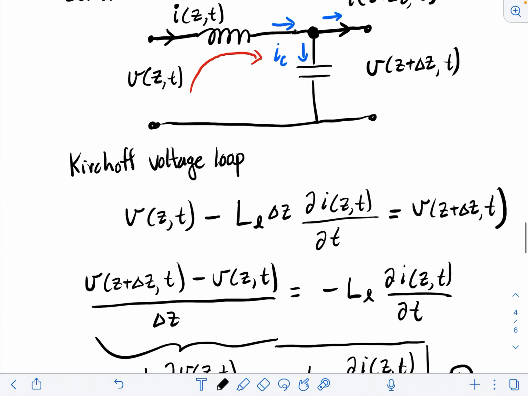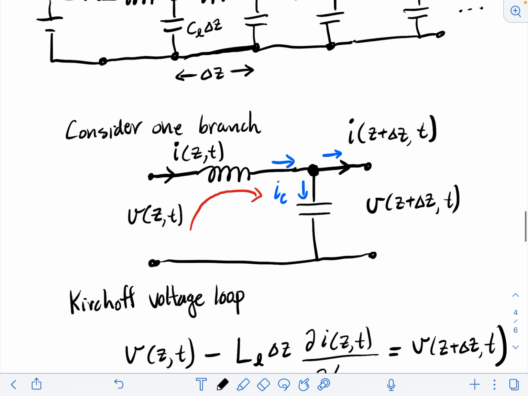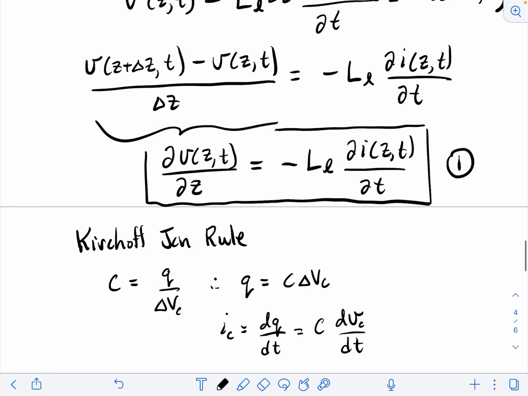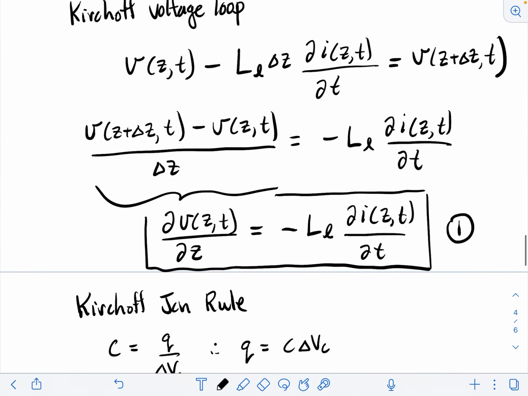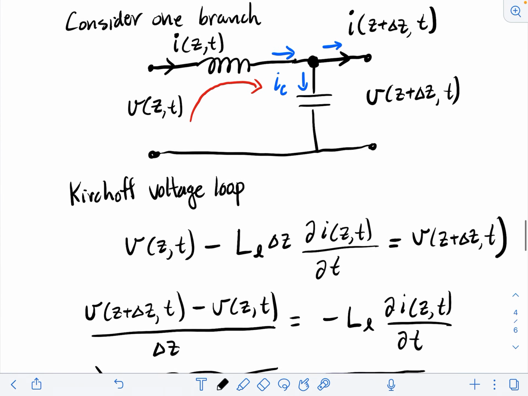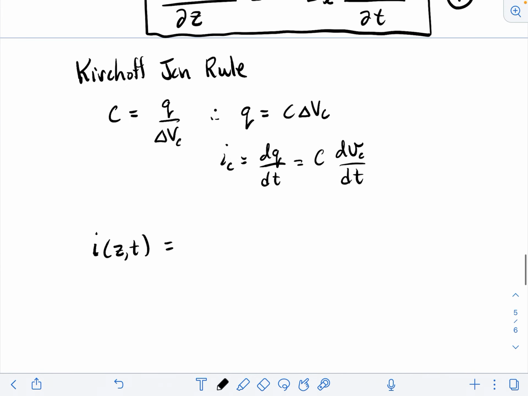So the currents into the junction equals the currents out of the junction. Going into the junction, we have I at position z. So we have I(z,t) is equal to the current leaving the junction, and so we have the capacitance. We have a capacitance per unit length times delta z, so that's the value of the capacitance.